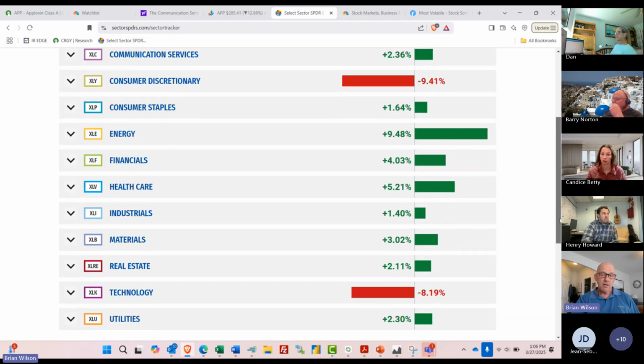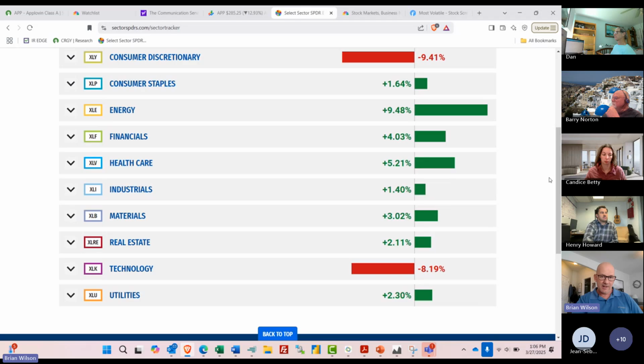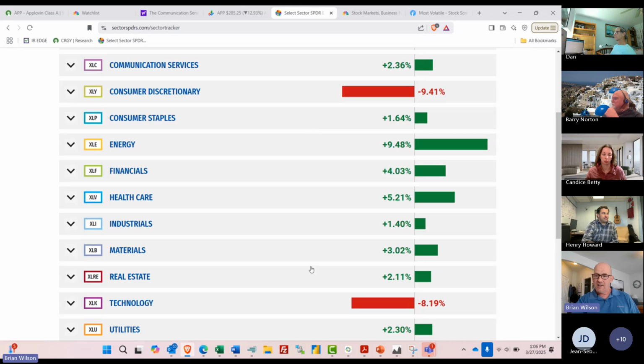Everything else is green. So we're coming into quarter end with, let's call it, extreme weakness. If that trend were to continue, you're down 36 to 40% by the end of the year with consumer discretionary, and tech is down 32%. Obviously, terrible performance.